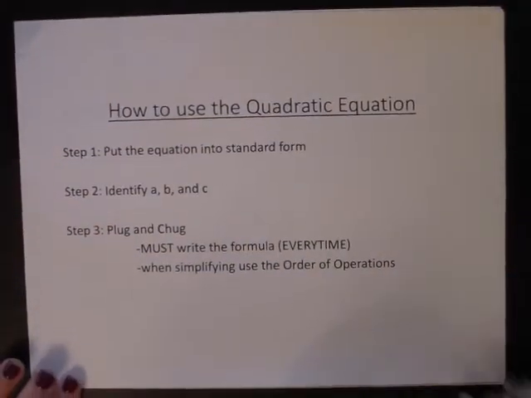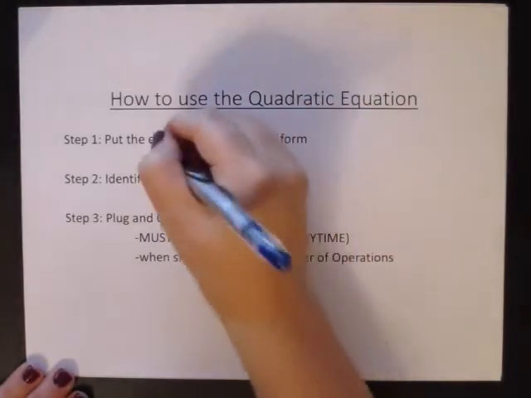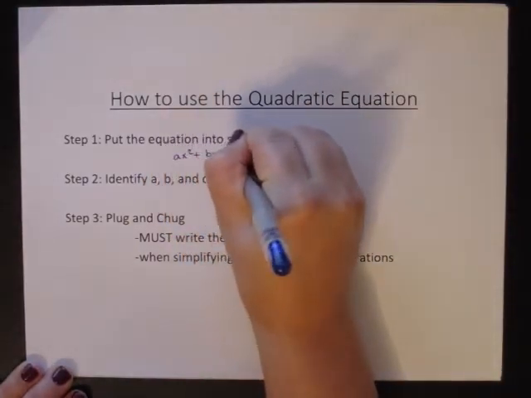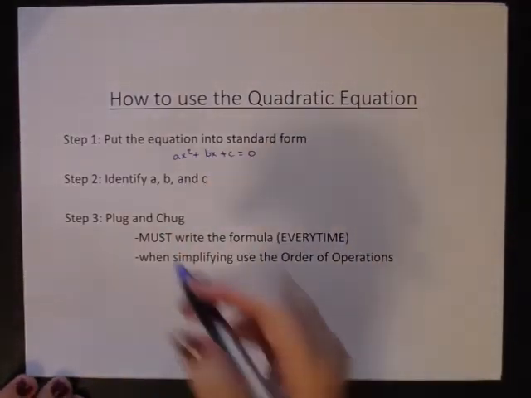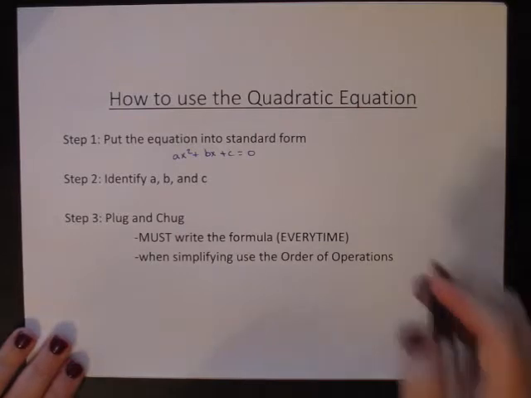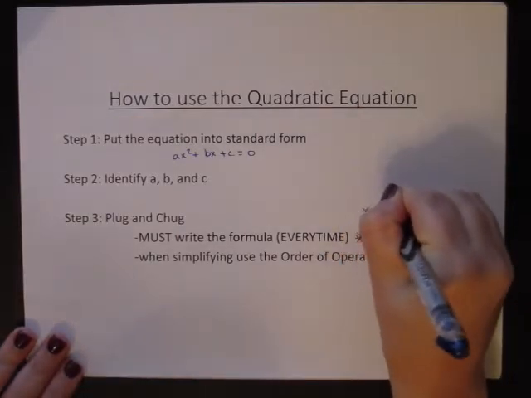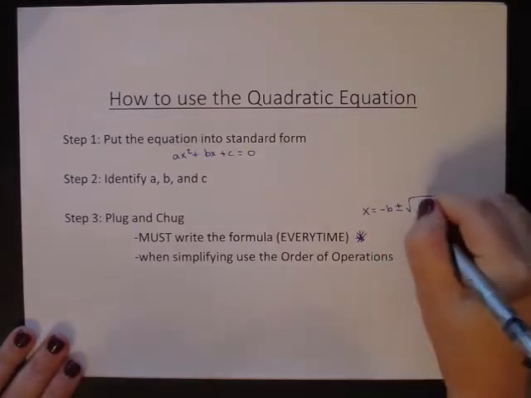Alright, how to use the quadratic formula. What you want to do is put the equation into standard form, so you want it in the ax squared plus bx plus c equals 0 form. You want to identify your a, b, and c, and then you're going to plug and chug. You must write your formula every time. So remember, it's x equals the negative boy couldn't decide whether or not to go to the radical party.